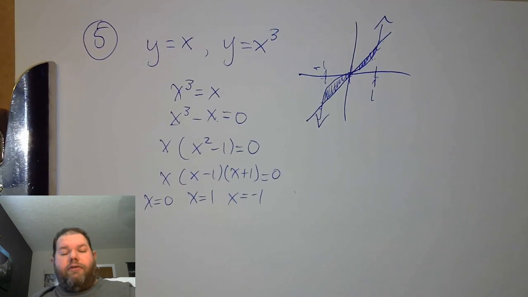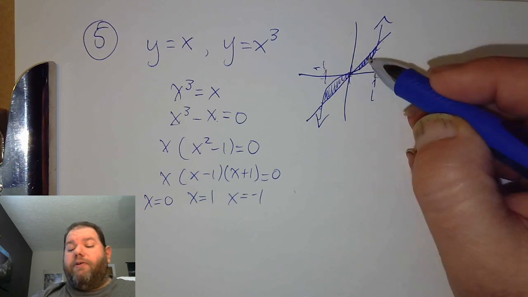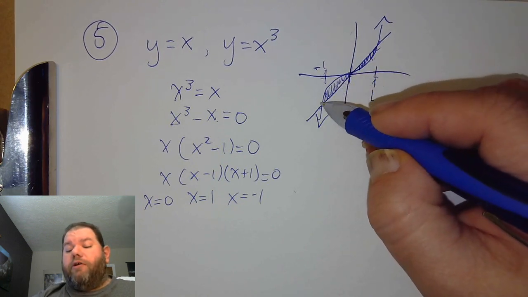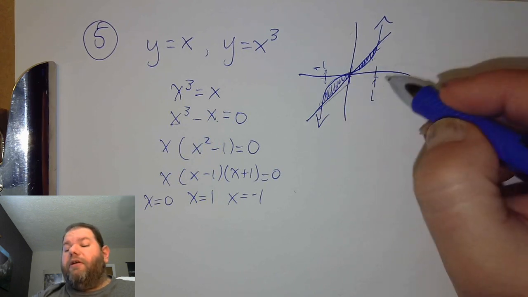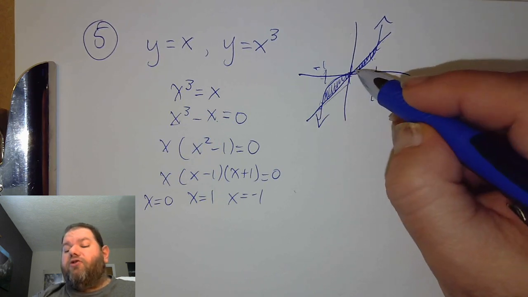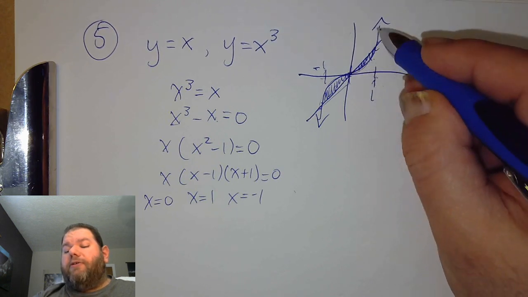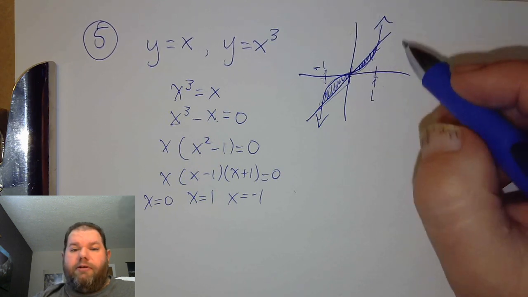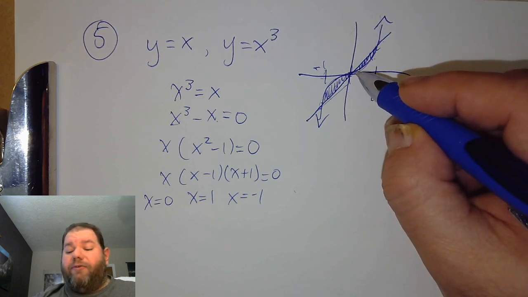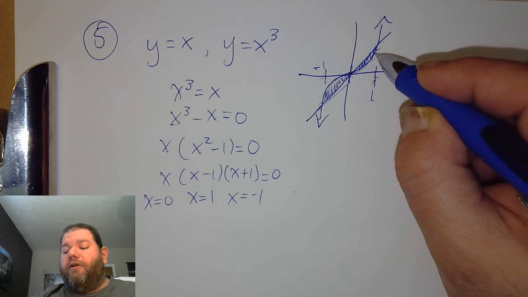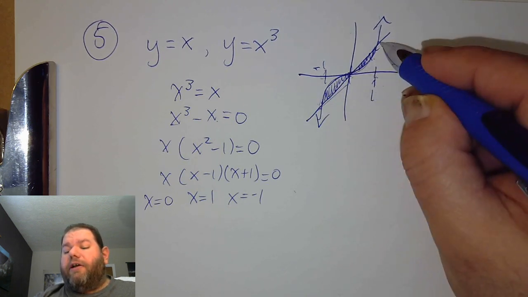One is we can do one integral from negative 1 to 0, where x cubed is our top graph and x is our bottom graph, and then do a second integration from 0 to 1, where x is our top function and x cubed is the bottom function. We always want to do top minus bottom, and in this case it actually switches at the point 0, where here is the curve over the line and here is the line over the curve.